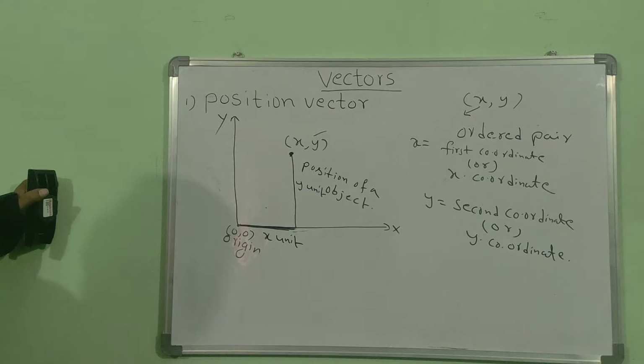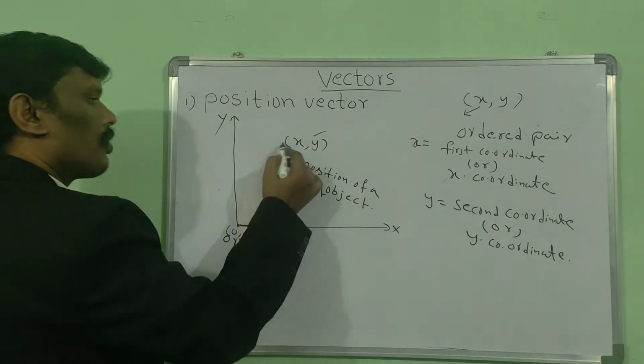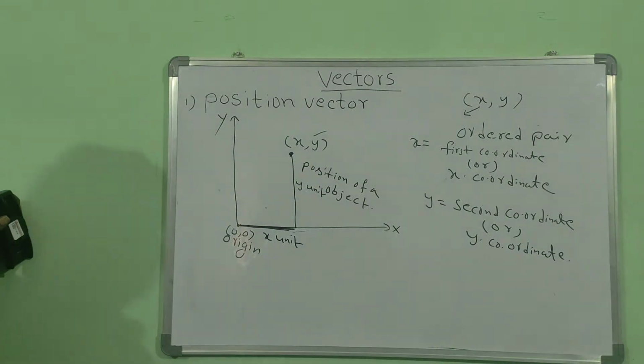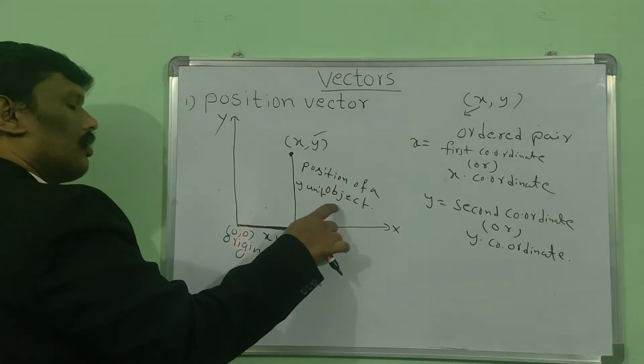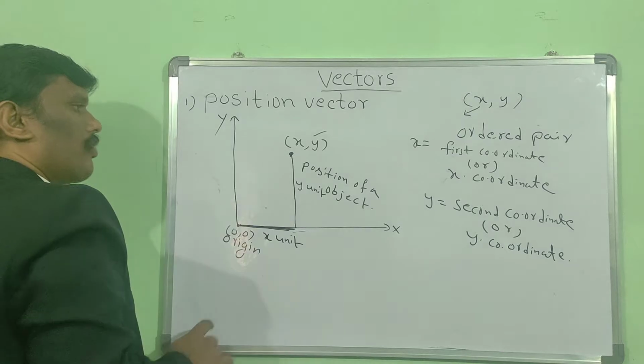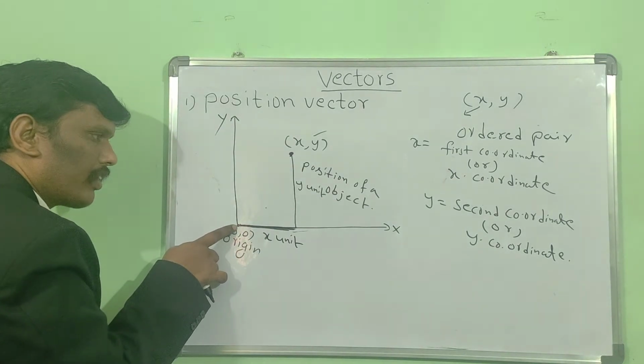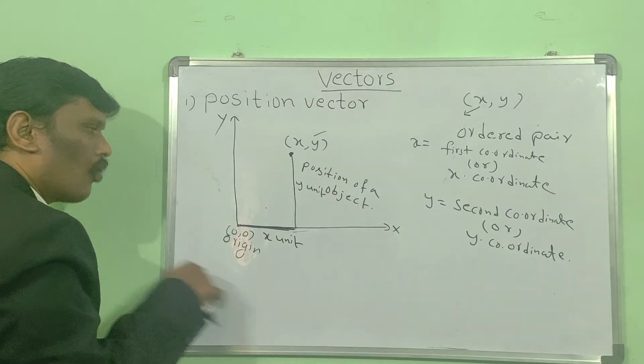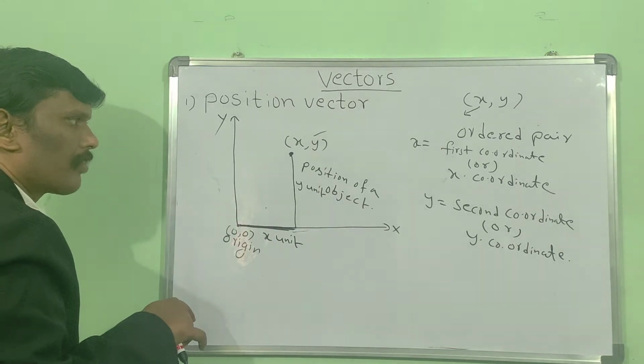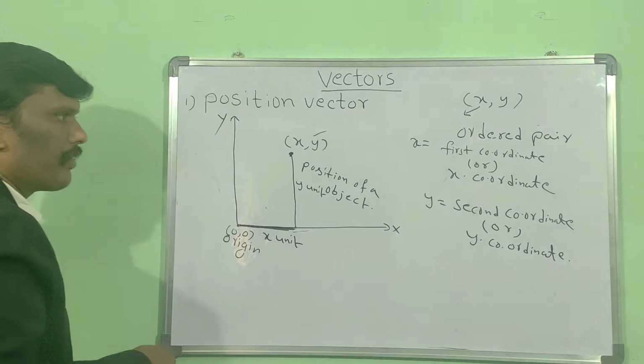How do we represent the position of an object? The position of the object we consider as x comma y. What is the meaning of that? From the origin of this coordinate system, how do we reach this point? That will be given by this ordered pair.